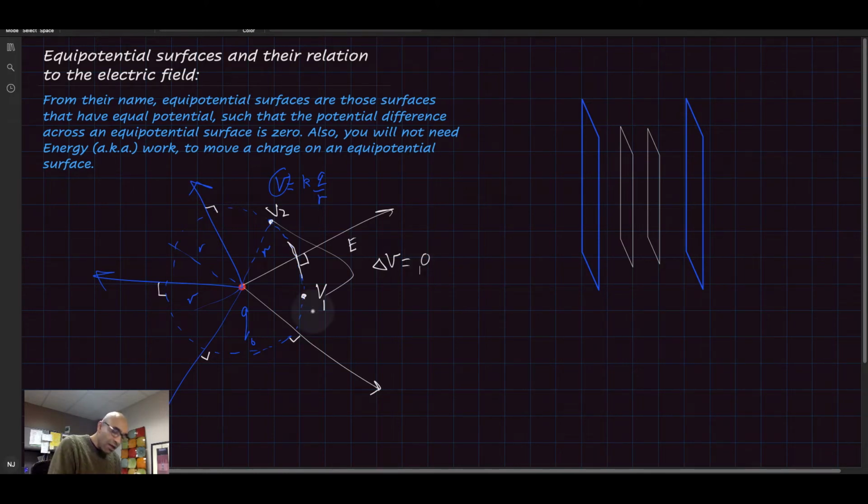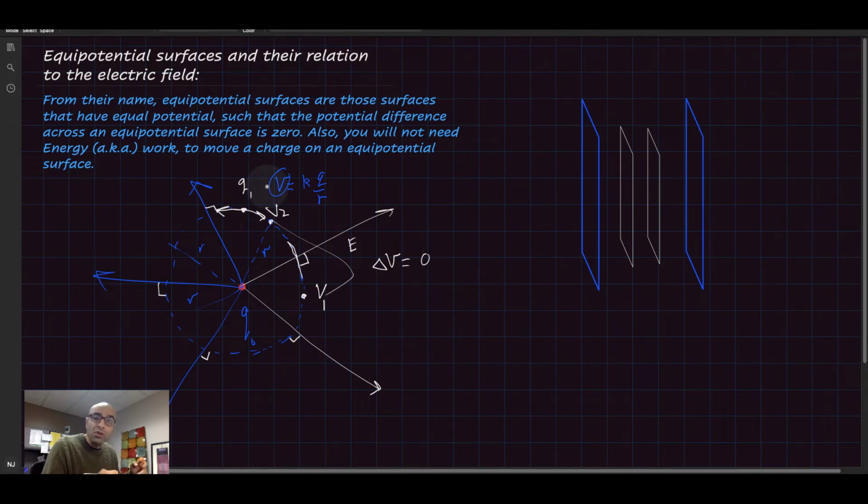Also, if you have another charge here, let's call this Q1, and you want to move this charge this way or this way on the equipotential surface, you can move this charge without consuming energy. You don't have to spend energy to move this charge.